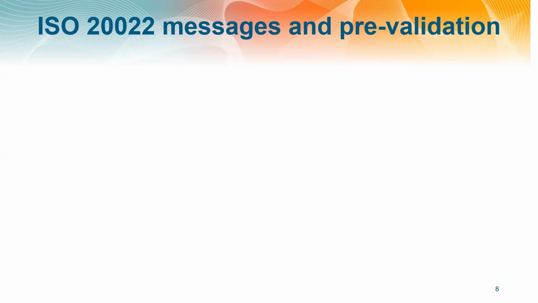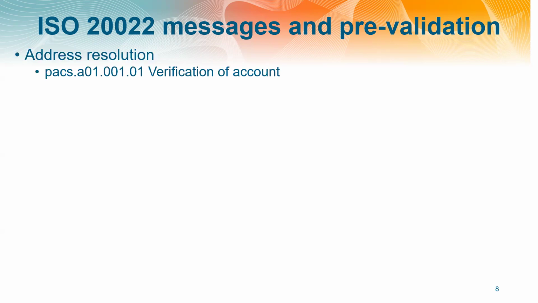So I'm happy to report that there has been some activity in the ISO 20022 area, and there is a new message proposed with that title. Well, actually, the A means it's been proposed as an API rather than a message.